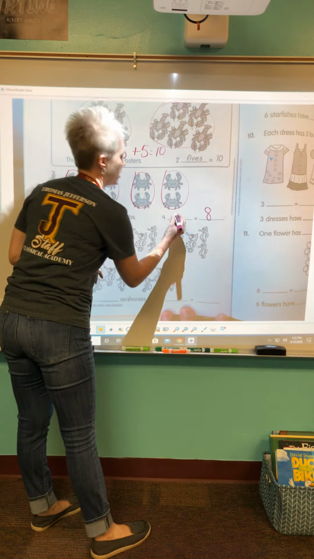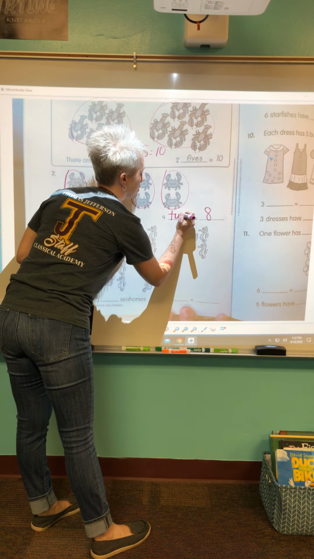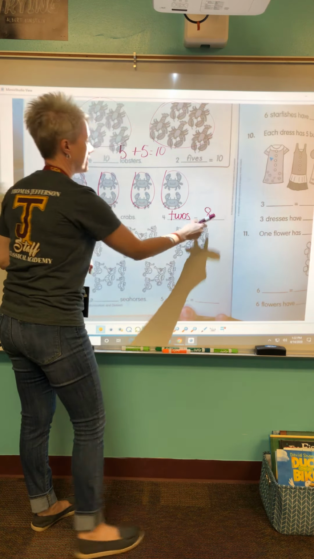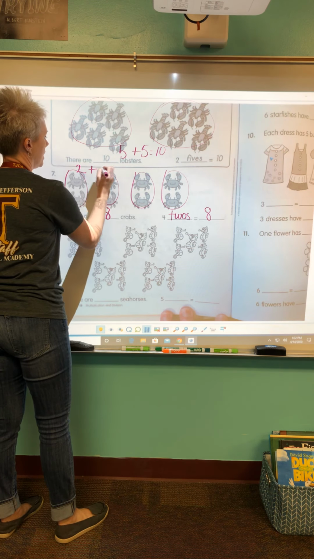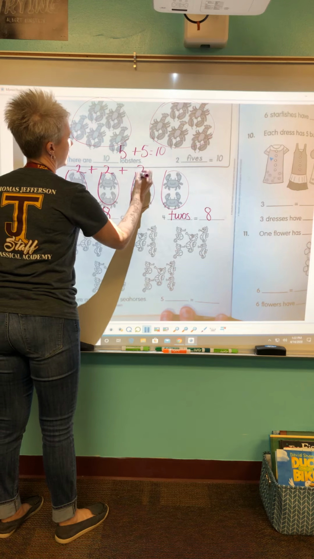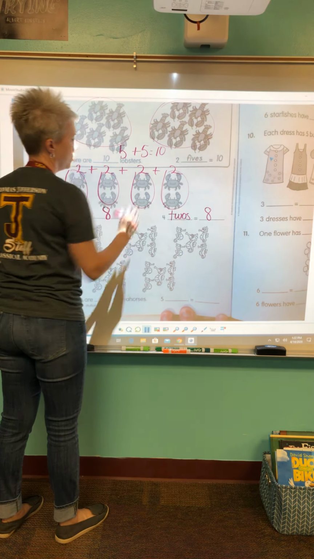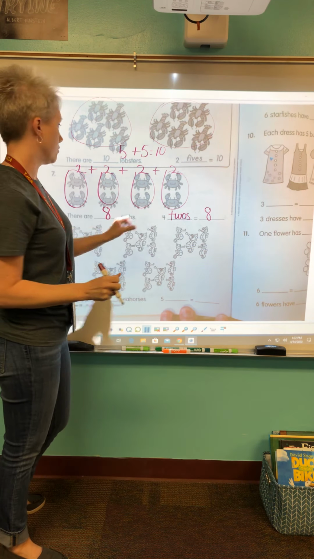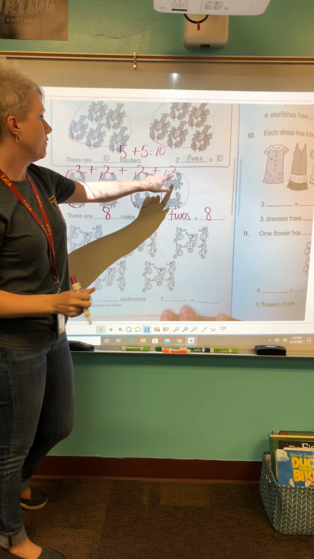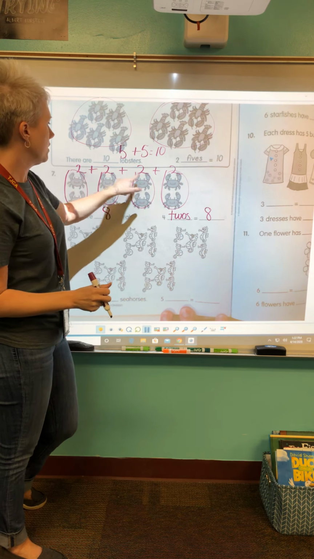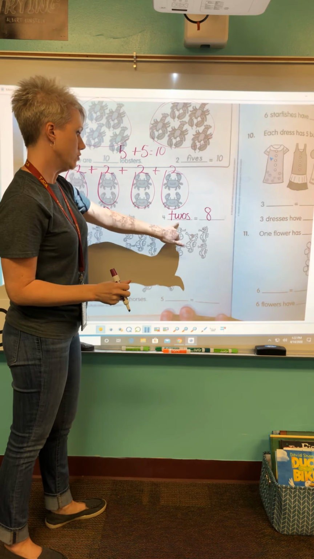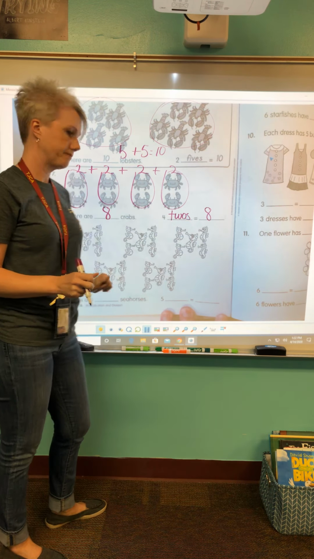So 4 2s equals 8. And that's the same as saying 2 plus 2 plus 2 plus 2. I wrote 4 2s. 1, 2, 3, 4 2s. Add them up, and that equals 8. 2, 4, 6, 8. 4 2s equal 8.